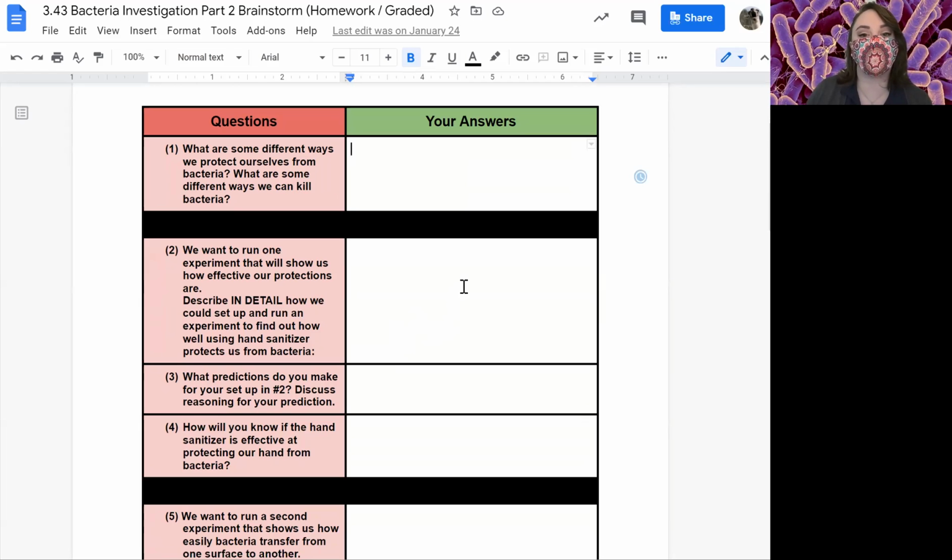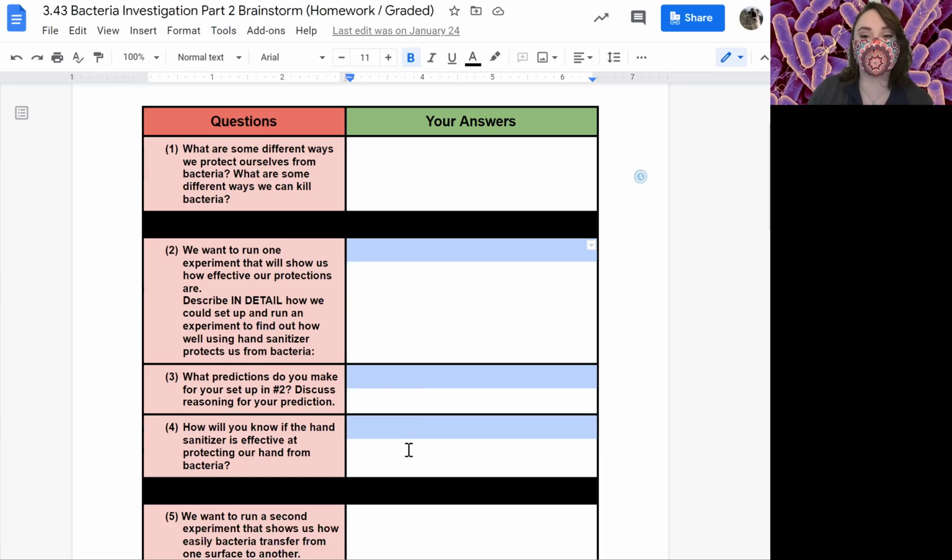Describe in detail how we could set up and run an experiment to find out how well using hand sanitizer protects us from bacteria. What predictions do you make for your setup in number 2? And how will you know if the hand sanitizer was effective against the bacteria?